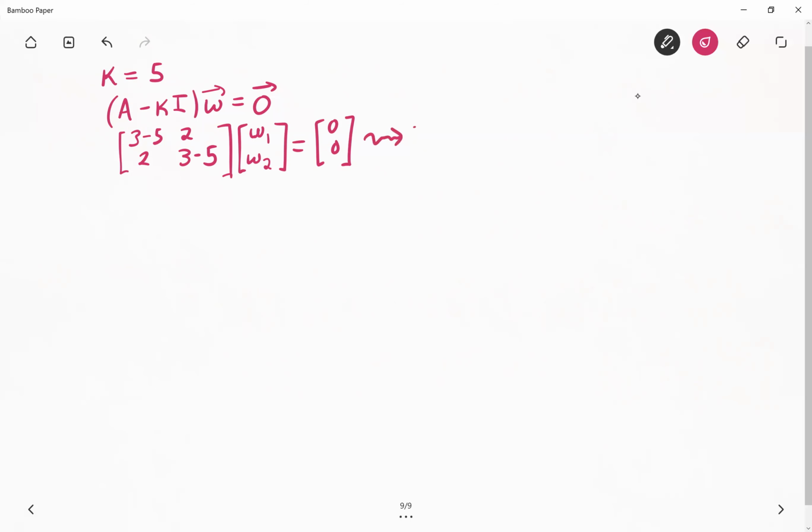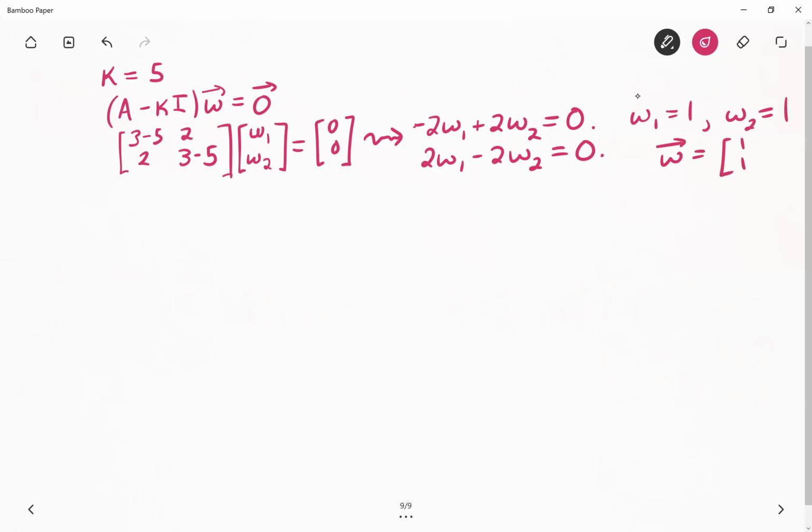Turning this into a system of equations, we get negative 2 times W1 plus 2 times W2 equals 0, and 2 times W1 minus 2 times W2 equals 0. And sure enough, we can solve this with W1 equal to 1, W2 also equal to 1, which should give us an eigenvector of 1, 1. But again, this eigenvector does not have unit length. The length of this eigenvector is the square root of 2.